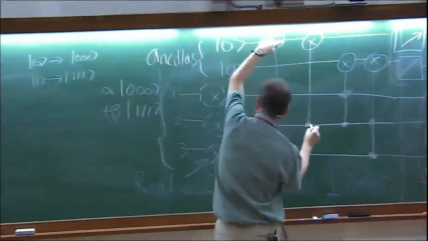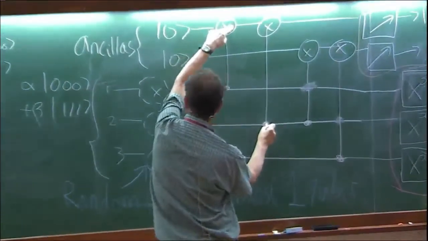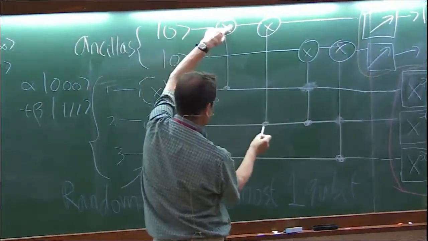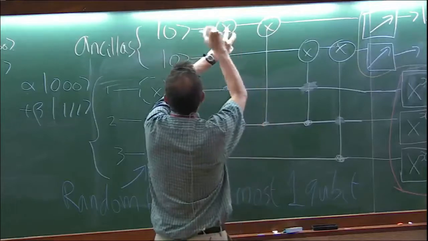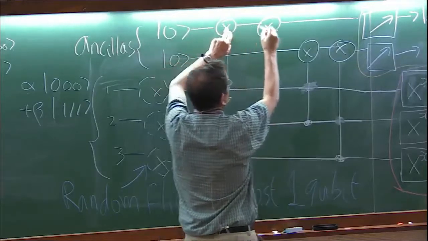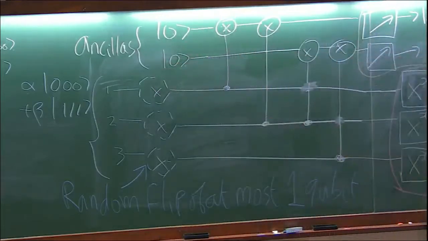The first ancilla is also connected to the second physical qubit, but that has not been flipped. So the first ancilla will be flipped once, and so you'll get 1. So that's what this is here, 1.